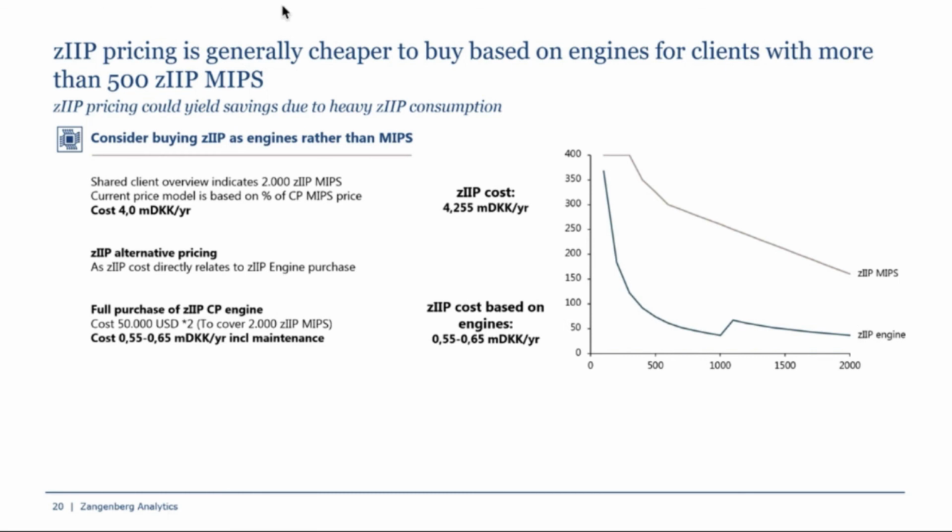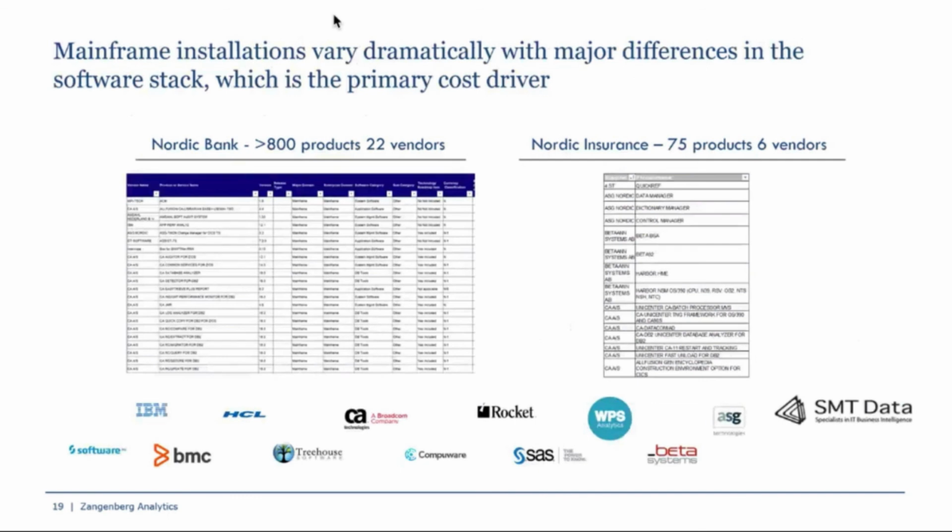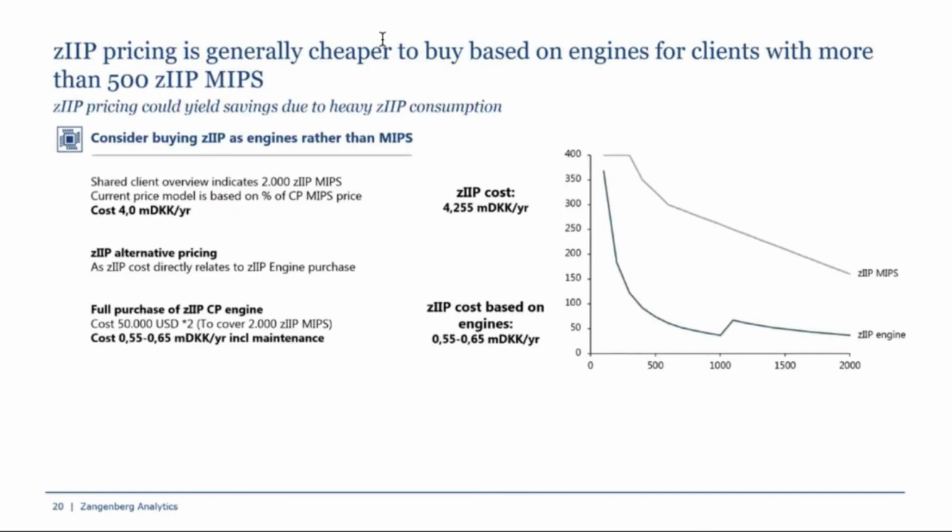So you end up in a situation where it doesn't make sense, if you have a huge software stack of 800 products, to accept a price of a percentage of CP MIPS prices as the basis of your SIP capacity purchases. So this is a way to dramatically change this.